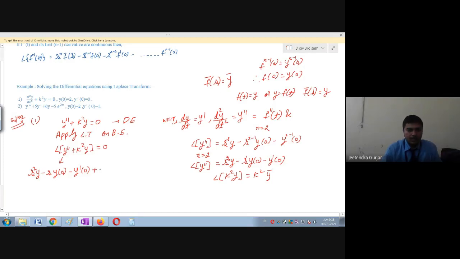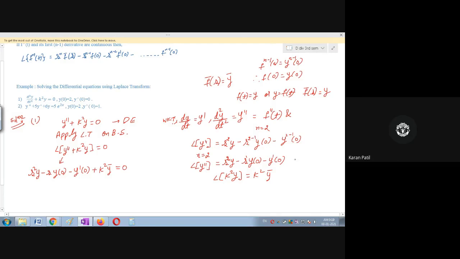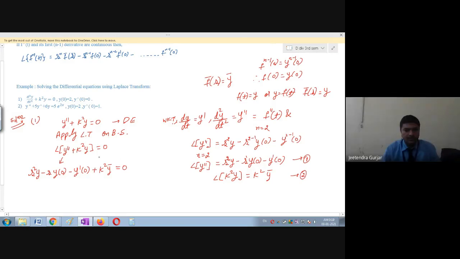Therefore, plus k square y dash is equal to 0. Is it clear, students? This is a very important step. Please note it down. If you have not understood, I will repeat once again. Yes, students, understood?